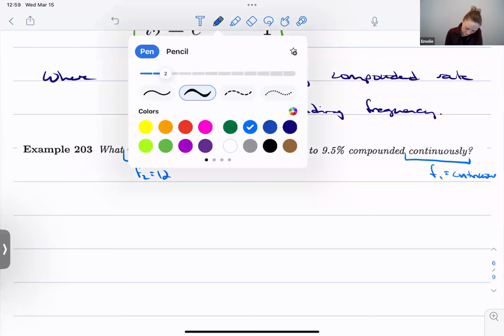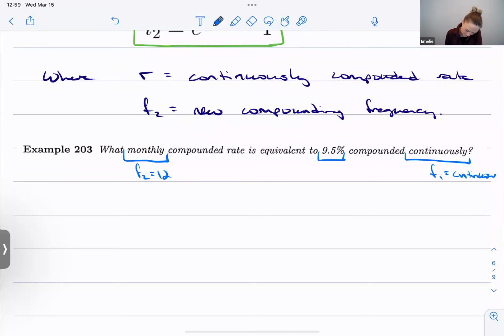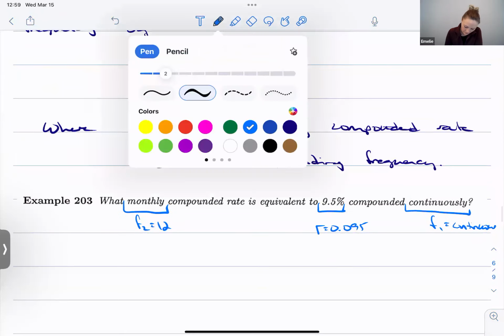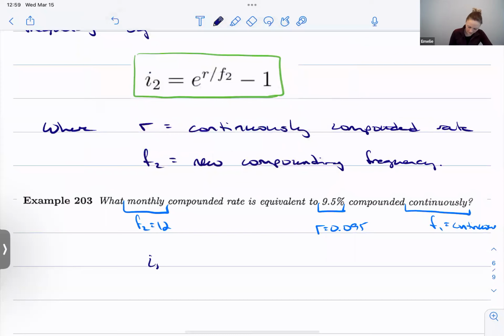And R is 0.095. So now I have I2 is e to the r over f2, then minus 1. Nothing crazy going on here.